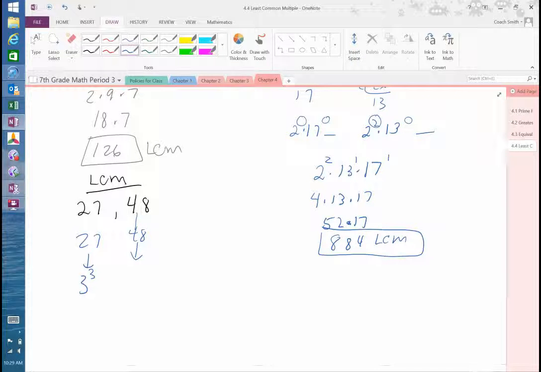No. Got to be prime numbers. Nick? No. That would be 24. Grant? No. That would be 72. Sophia? Yes. 2 to the 4th times 3.